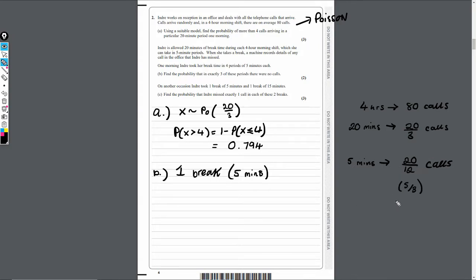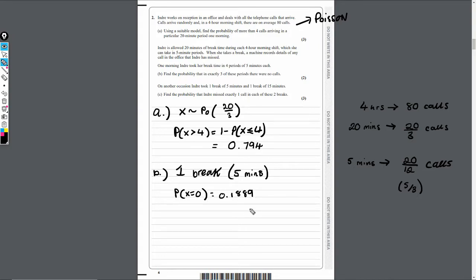So we've got our new Po value here, our lambda. What I've got to do now is work out the probability that X is equal to 0 for one of these. So probability that X is equal to 0 using lambda equal to 5 over 3. So if you do this on your calculator, what you'll get is 0.1889, right? So this is my probability of there being no calls in one break.